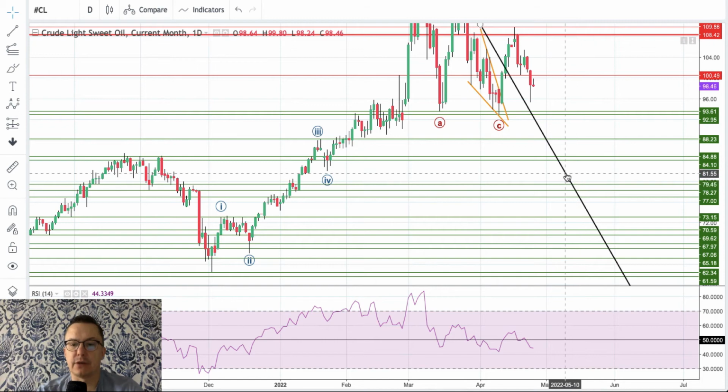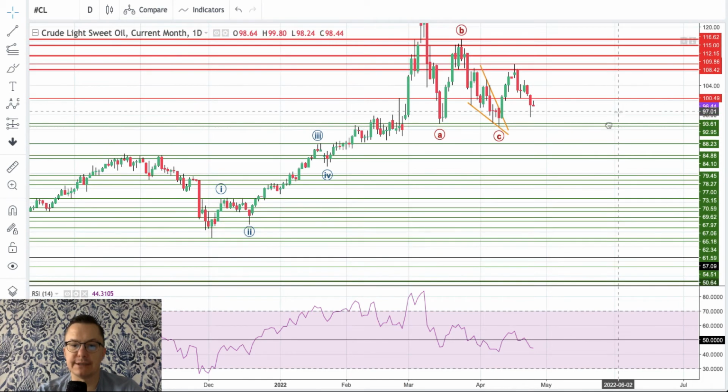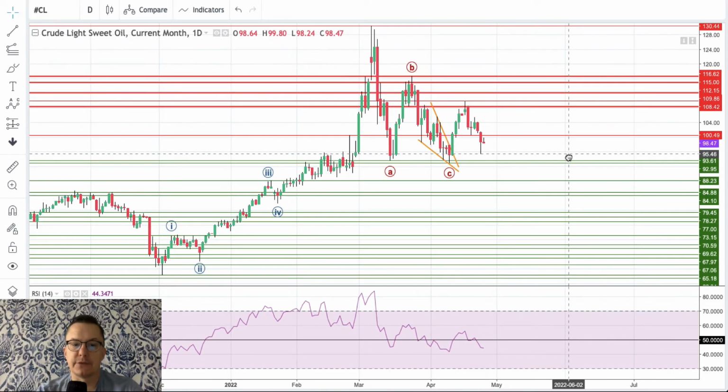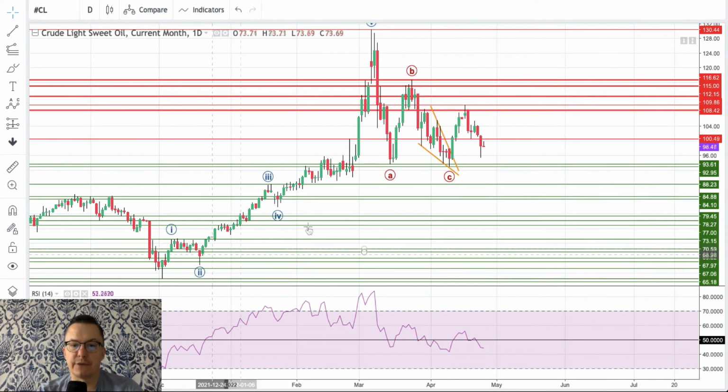Very interesting. We don't need this line anymore, so let's remove it from the chart, and this is how it looks from the bigger point of view. We have the 5 wave to the upside with wave 5 extremely extended, and if it is extremely extended, we have a very deep sell-off, very deep correction, bounce, and then another leg to the downside.